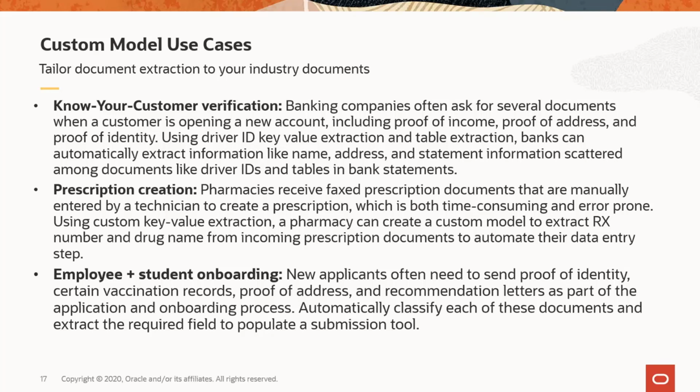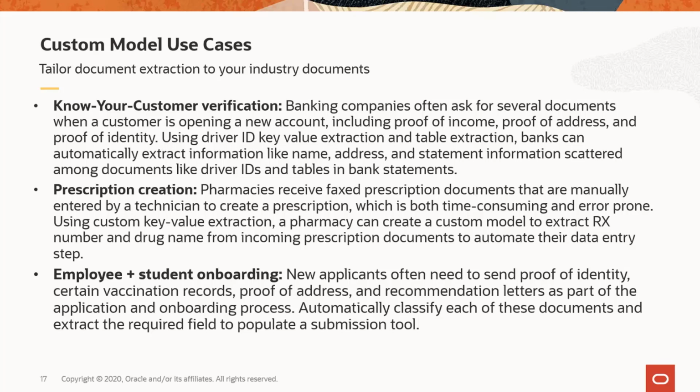Maybe you allow a certain type of tax document or something along those lines. And you could also use a custom document classification model to classify among all of the allowed documents that you let a user submit to verify that everything looks accurate.